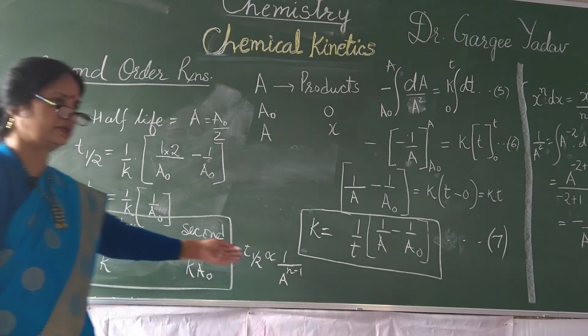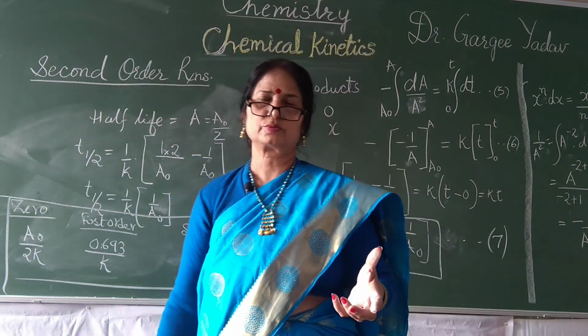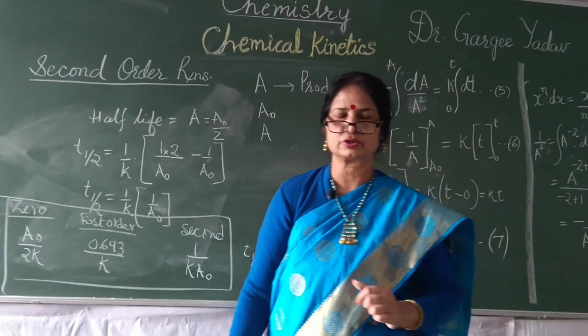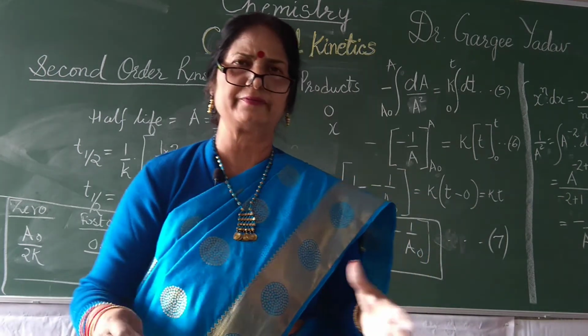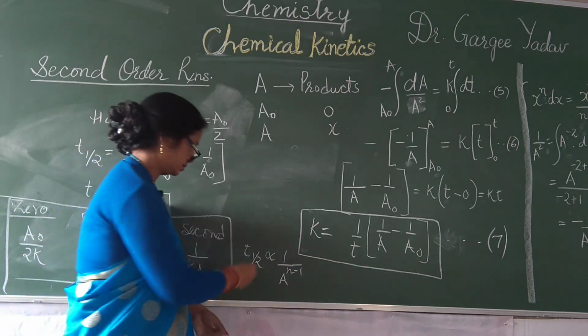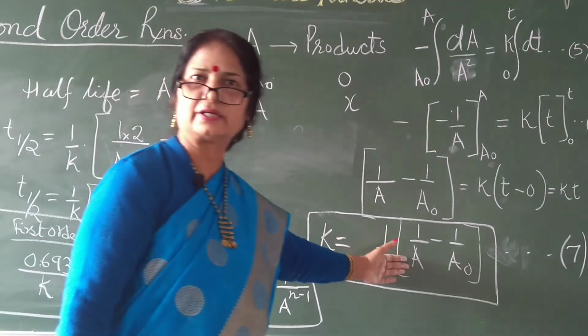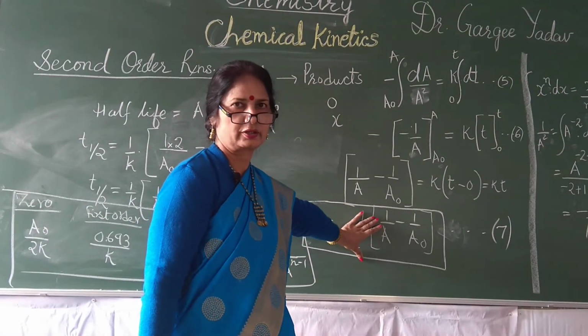This relation can be derived, and it is very important from your multiple choice question point of view and from the numerical point of view also. You will be having several numericals based on this generalization. So this is our integrated rate law equation for a second order reaction.